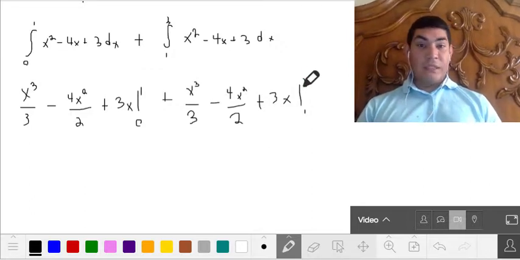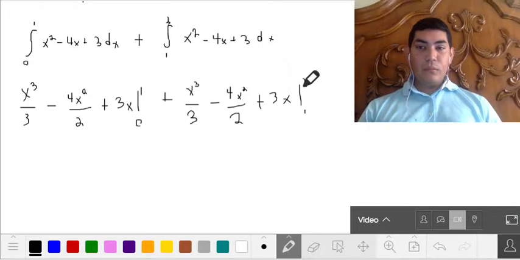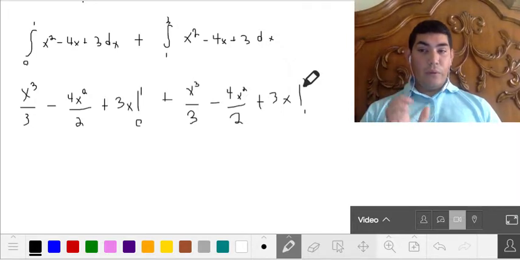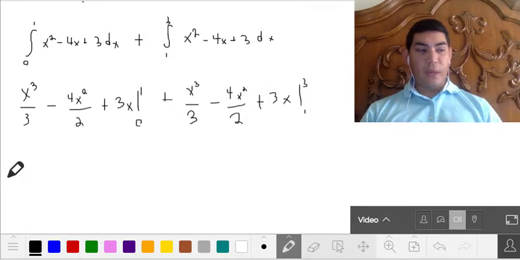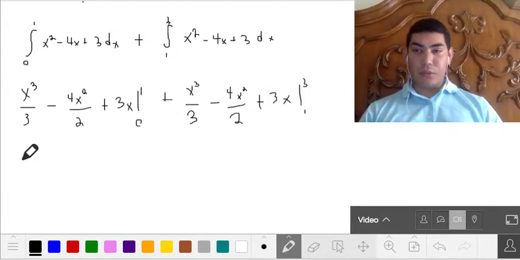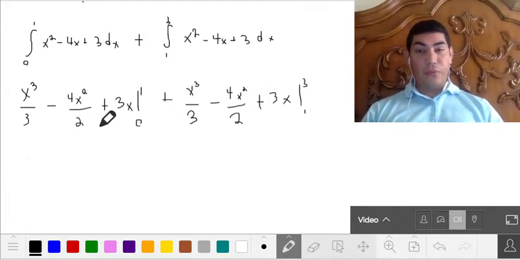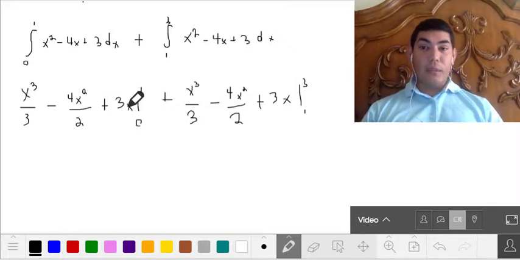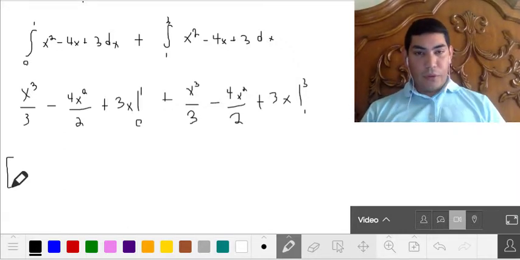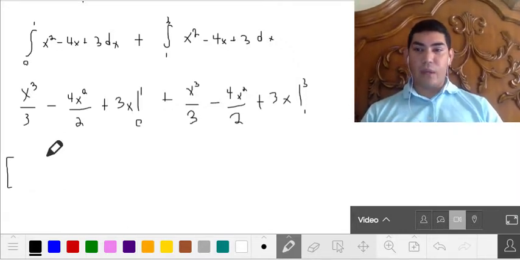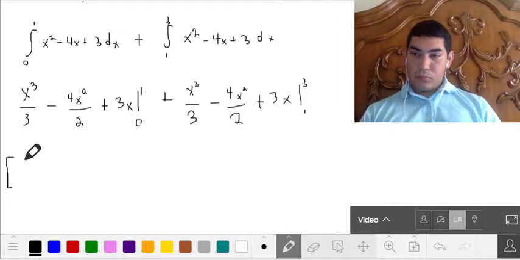So let's start simplifying a bit. The 4 over 2 is just 2, so I can rewrite that as 2 on both terms. Now I'm going to start inputting values and see what our solution is. Let's start with the first part, inputting 1. I'm going to write a bracket so we can separate them, find our solution, then add those two values.